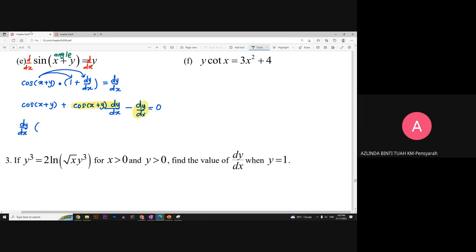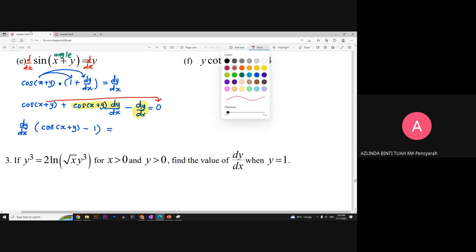So inside the bracket, we're gonna have cos x plus y minus 1 is equal to, then we have to move this term to the right hand side. So it's going to be negative cos x plus y.